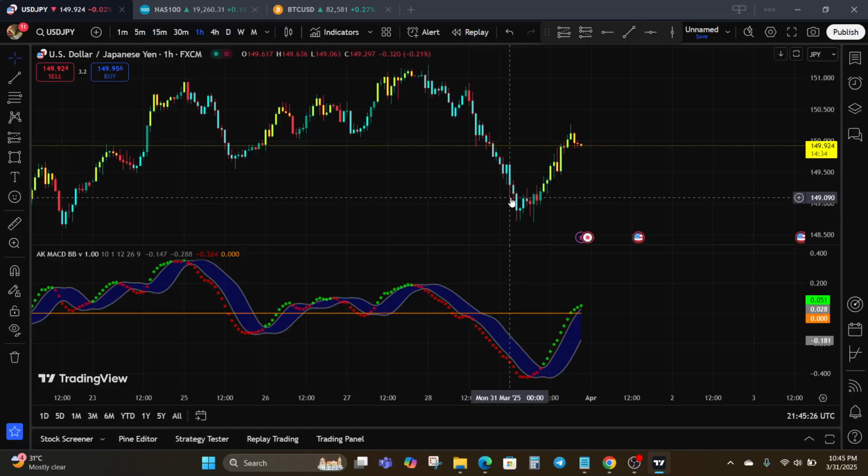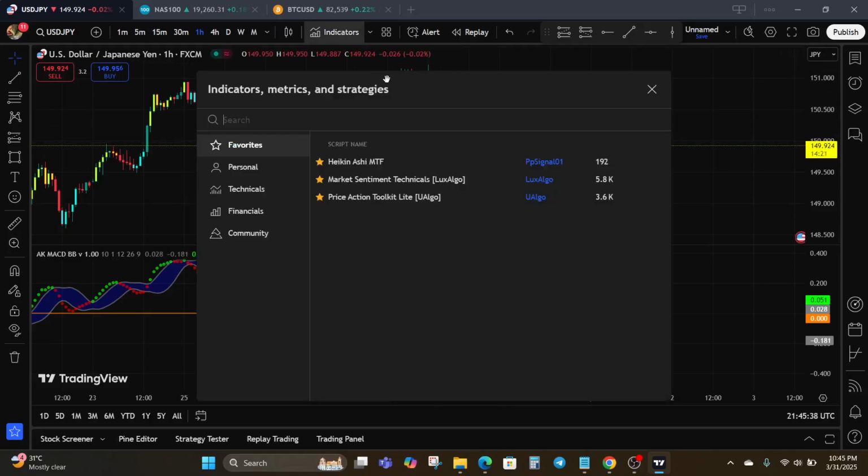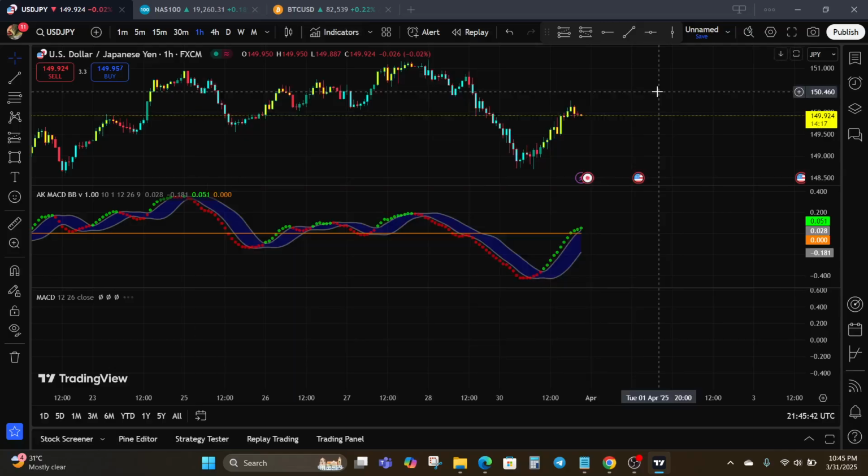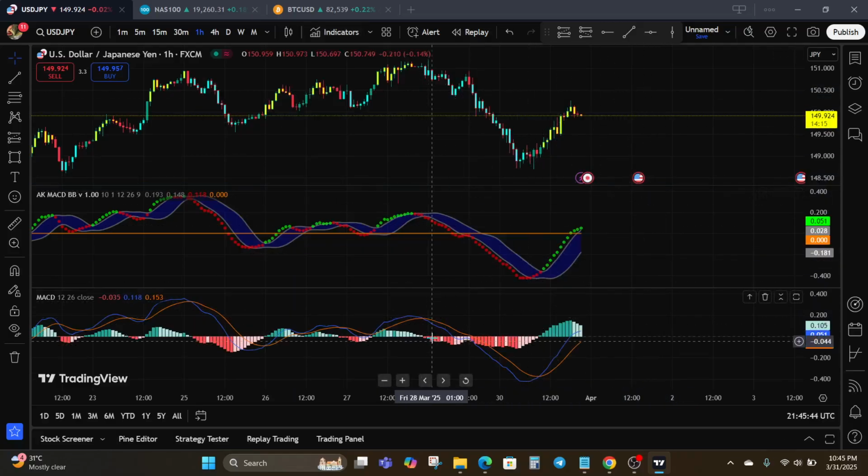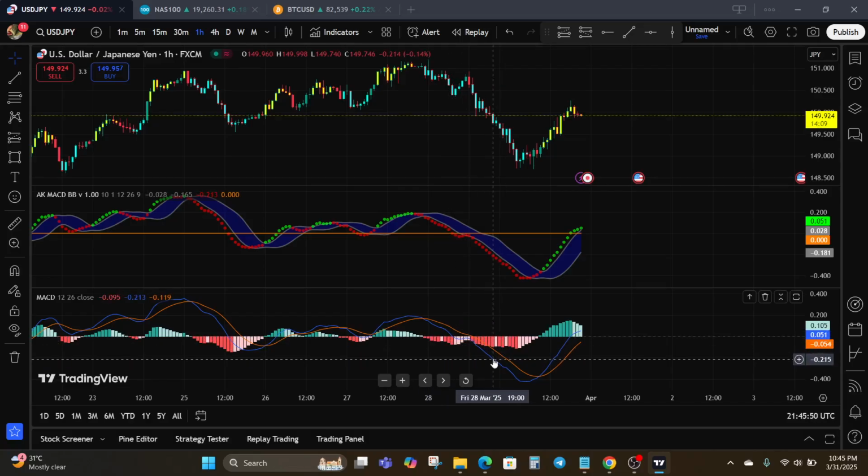Now, you might be wondering why the MACD needs improvement. The MACD, short for Moving Average Convergence Divergence, is a go-to indicator for many traders. Right? Let's just add MACD to the chart very quickly. But the MACD often lags behind price action.